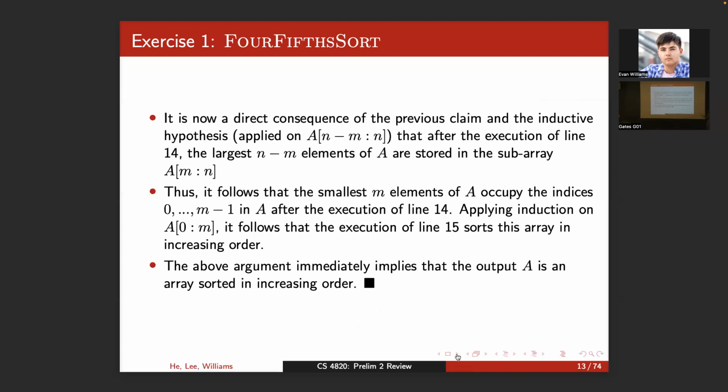After applying induction on all those cases, we can say that this works for all lengths n of A. And then it implies that the output A is sorted in increasing order. So this algorithm would work correctly, and that's how we would prove correctness of a divide and conquer problem. Does that make sense to everybody? Yep. Is the proof of termination not included in the proof of correctness?